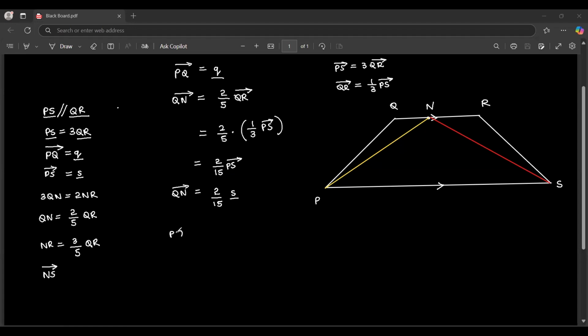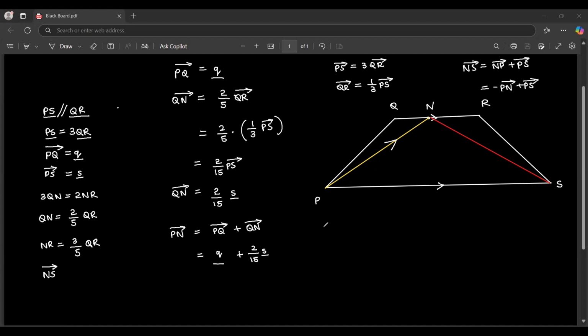So we need to find PN. PN is equal to PQ plus QN. What's PQ equal to? q. And what does QN equal? 2 over 15 s. So now we know PN. Now we just have to find NS. We know NS is equal to NP plus PS, and we know NP is the negative of PN, and we can write out PS.